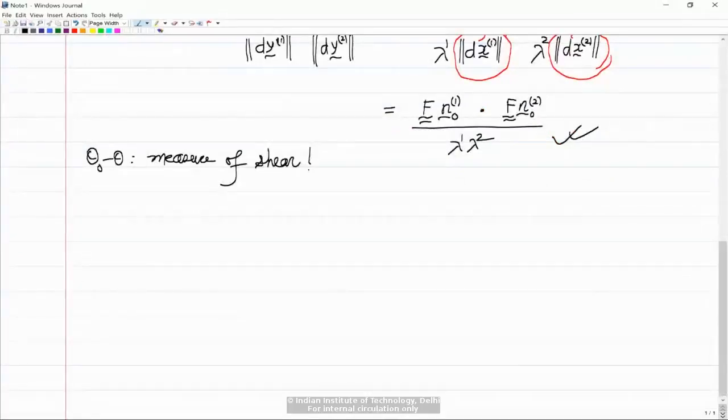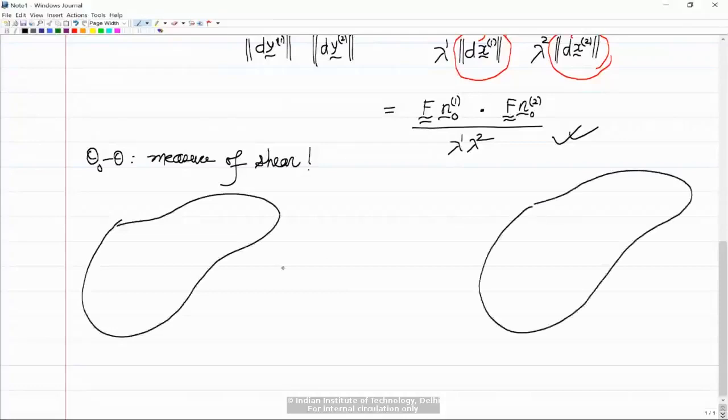So having derived this, let us try to relate the volume. So again, you have this body here and the deformed body. How is a small volume here, the volume of a small region here, what happens to this volume when it gets deformed and let us say it becomes like this?